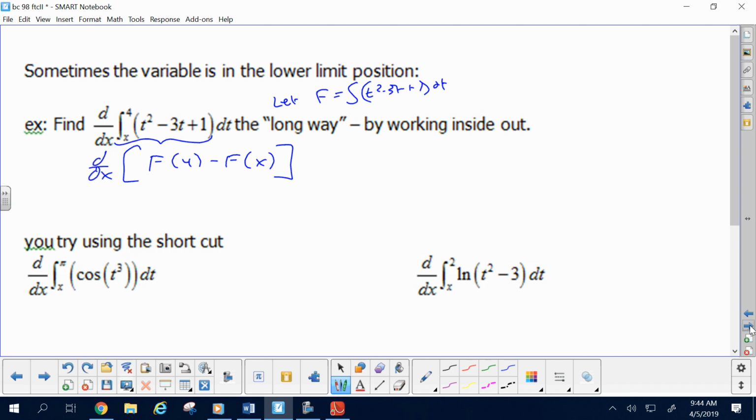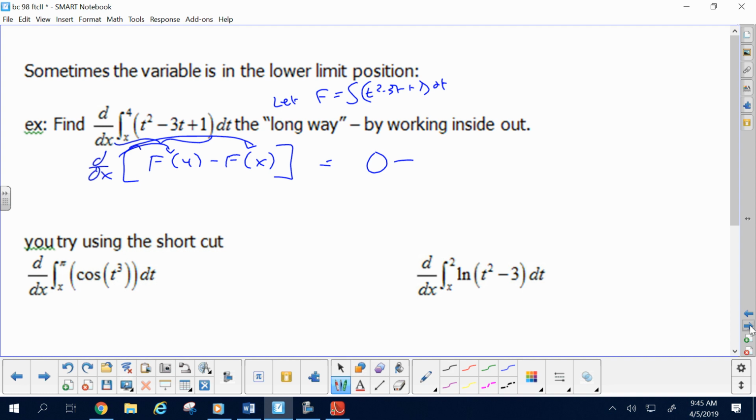You tracking? Now then, when I take the derivative of each of these components, what is the derivative of F of 4? What is F of 4? Is it variable or constant? Constant, and therefore the derivative will be 0, okay? Minus, what is the derivative of capital F, which is the derivative of the antiderivative?